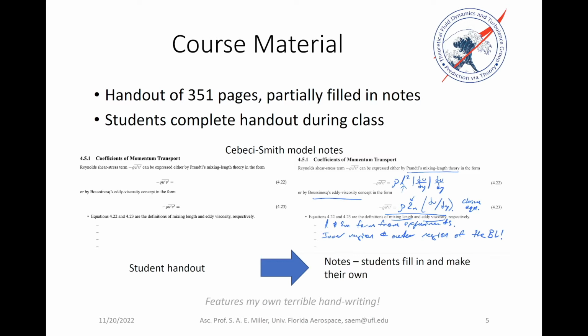This was recorded and put online, so students could also grab the course packet and follow along online at their own leisure. For example, in this slide on the left, we have the student handout screenshot from the Cebeci-Smith model for coefficients of momentum transport. On the right, you see my own handwriting, which was screen captured from the recording.